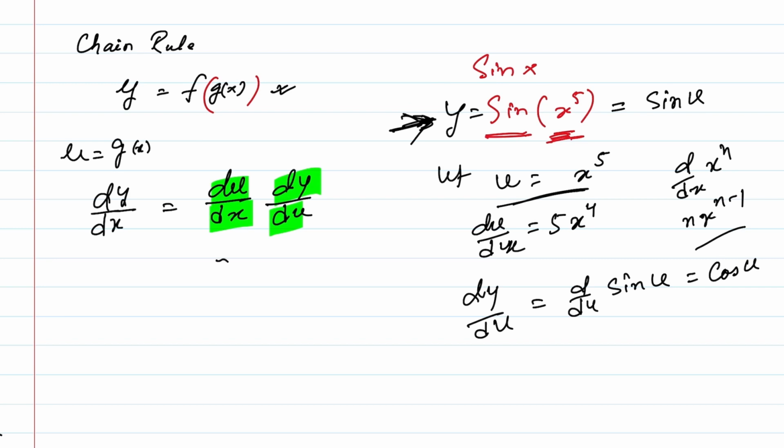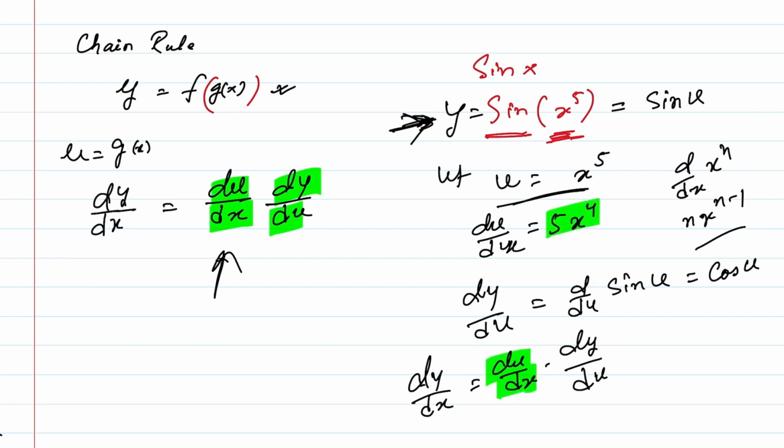So according to the chain rule, dy/dx is given by du/dx times dy/du. Now let us replace this du/dx by 5x to the power 4, and let us replace this dy/du by cos u. This is the result, isn't it?